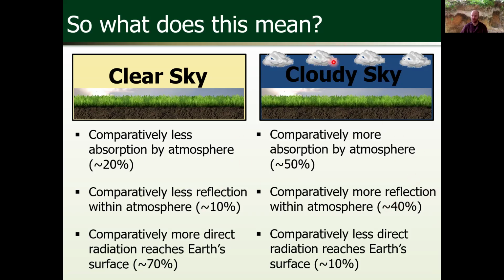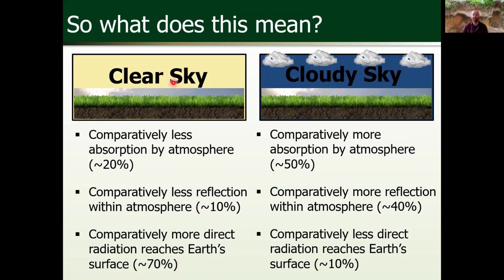And so on a cloudy day, you can have incredible amounts of both absorption and reflection, and you could have substantially less direct radiation reaching Earth's surface, and the radiation that then does eventually reach Earth's surface, you'll have more indirect radiation comparatively.